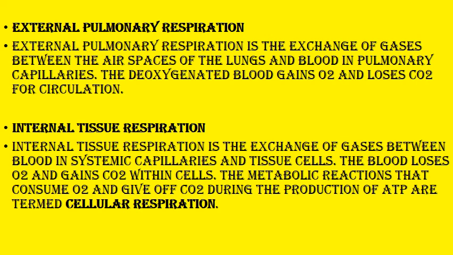Internal tissue respiration is the exchange of gases between blood in systemic capillaries and tissue cells. The blood loses oxygen and gains CO2 within cells. The metabolic reactions that consume O2 and give off CO2 during the production of ATP are termed cellular respiration.